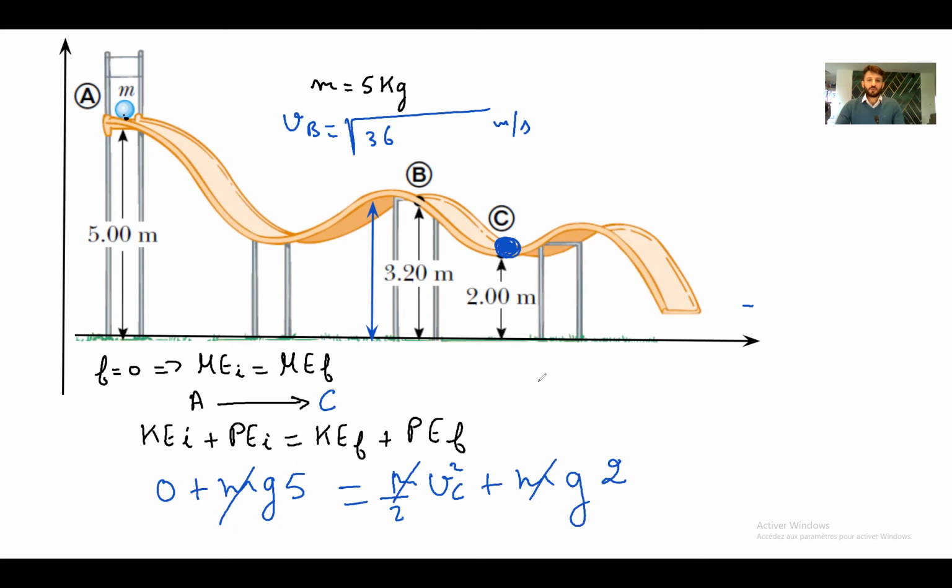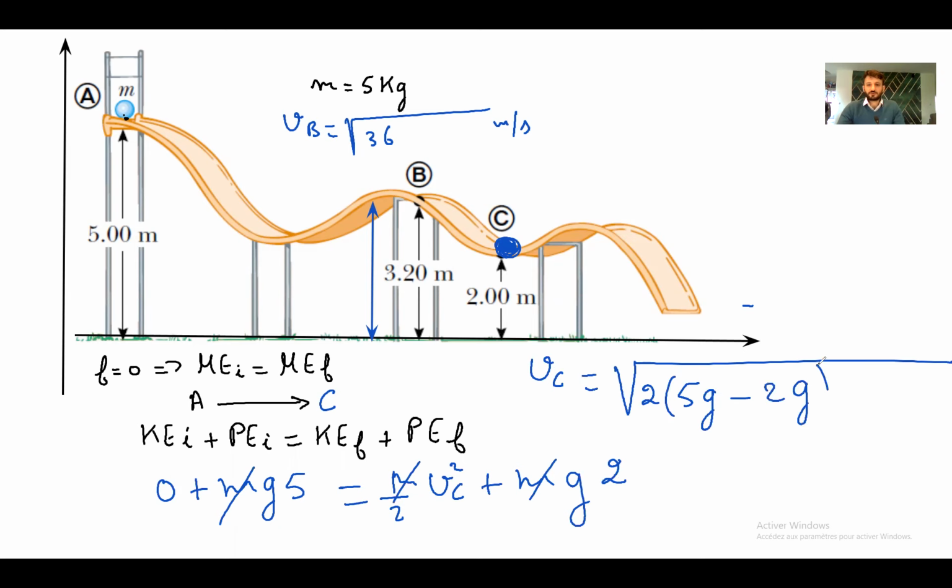We can get Vc equals the root of 2 times 5g minus 2g, which is 3 times 10, so root 60 m per second.